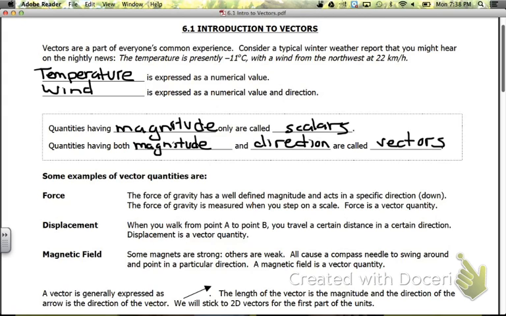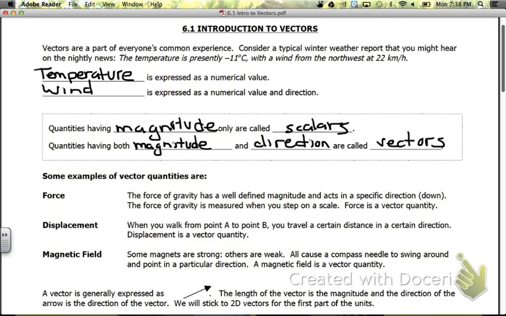Displacement: when you walk from point A to point B, you travel a certain distance in a certain direction. Displacement is a vector quantity. Magnetic field: some magnets are strong, others are weak, all cause a compass needle to swing around and point in a particular direction. A magnetic field is a vector quantity.